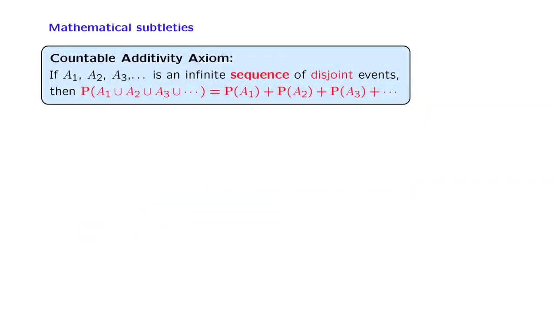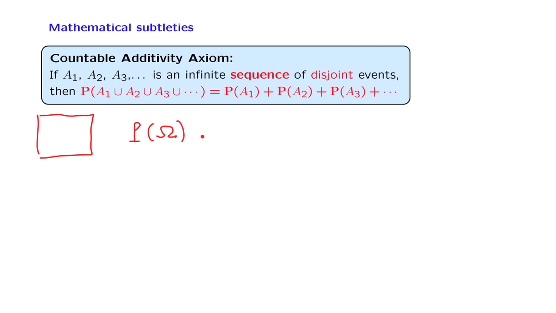To appreciate the issue that arises here and to see why the word sequence is so important, let us consider the following calculation. Our sample space is the unit square, and we consider a model where the probability of a set is its area, as in the examples that we considered earlier. Let us now look at the probability of the overall sample space.